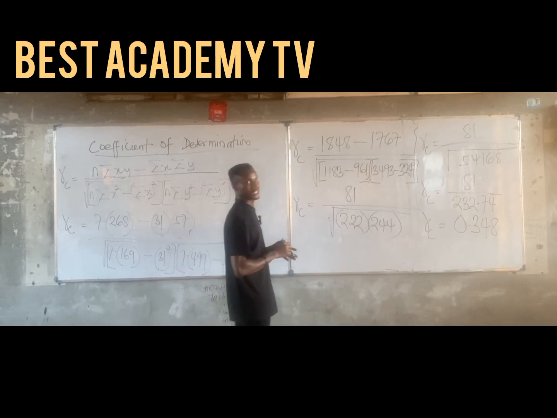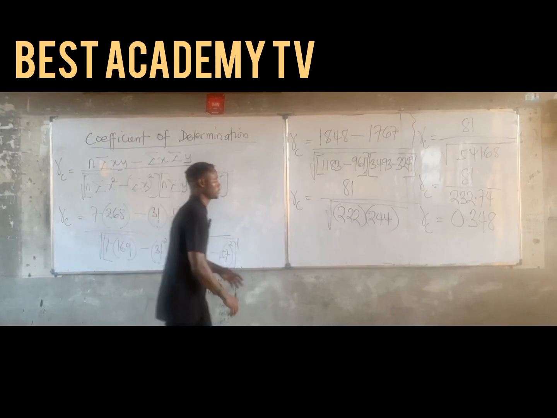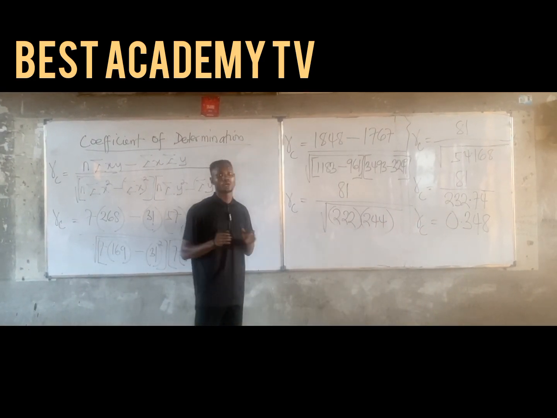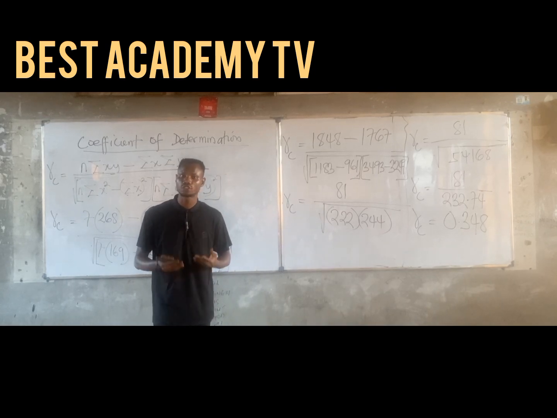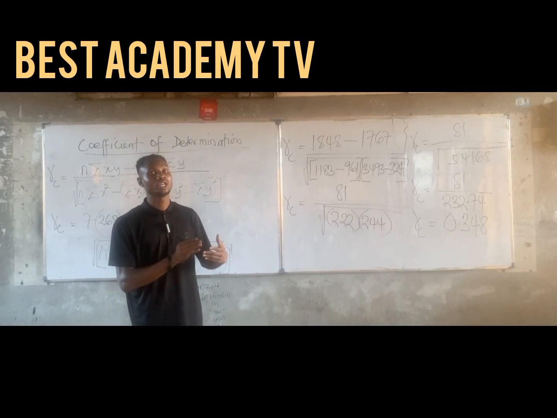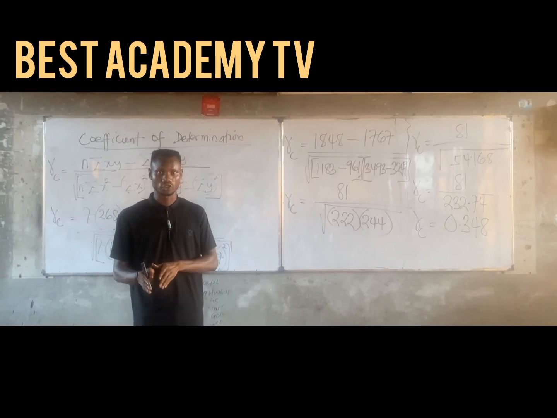But remember that this is our PPMC. But we are not only asked to calculate PPMC, we are asked to calculate the coefficient of determination. But just get this right: before you calculate the coefficient of determination, you must calculate the correlation first. Please take note.